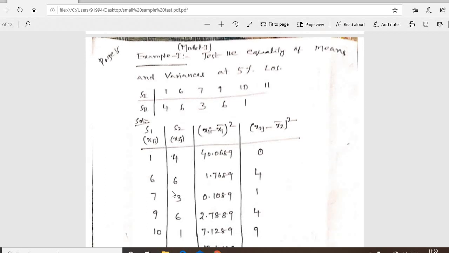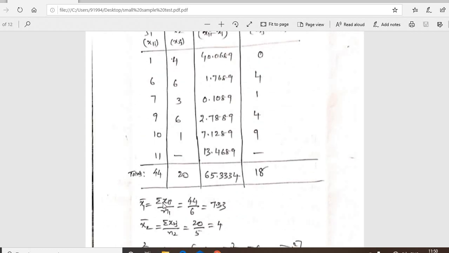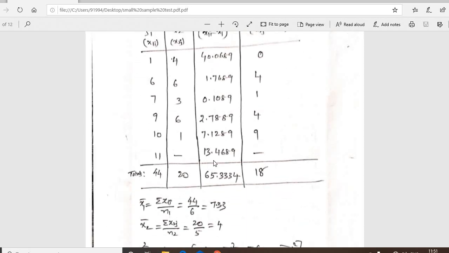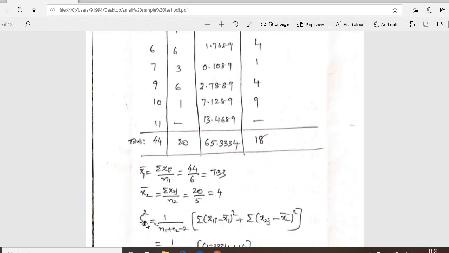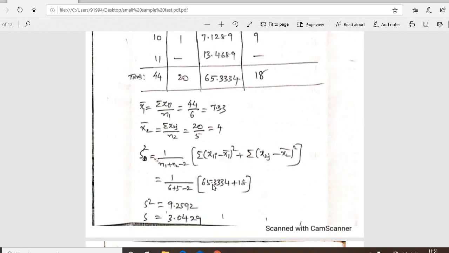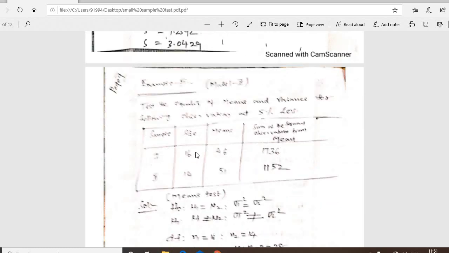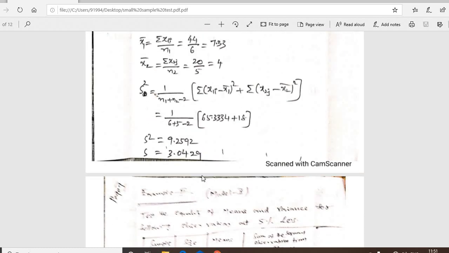Just find the average values x1 bar, x2 bar. Now subtract and take x1 minus x1 bar whole square, x2 minus x2 bar whole square, and we get this value. Now we can find this s square formula, simplify, and we get the s square value. After the s value, you can substitute in the t formula.